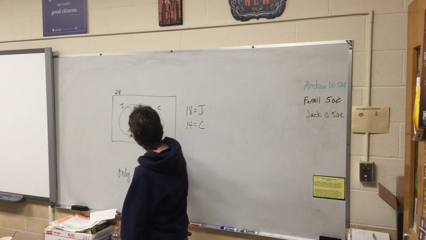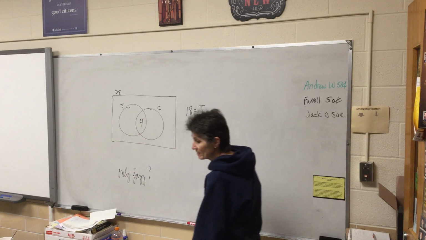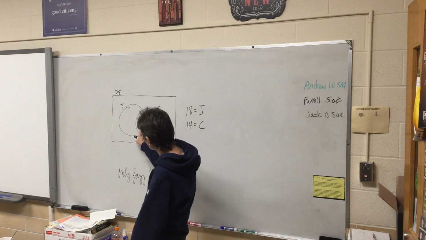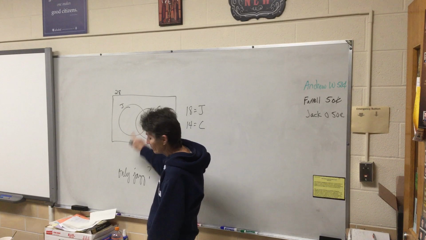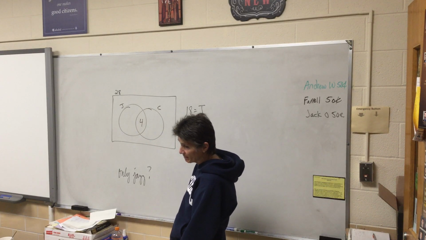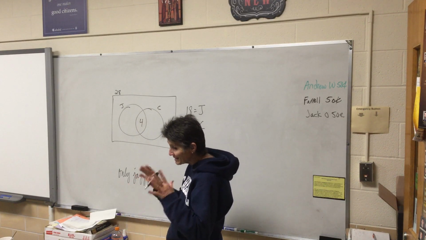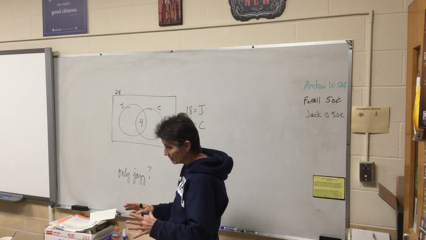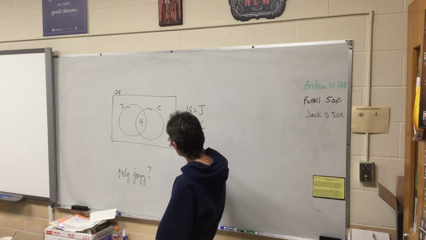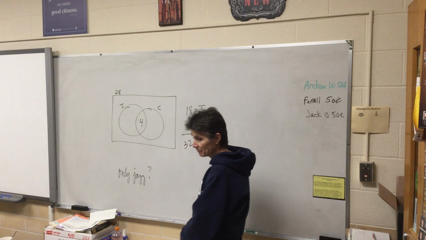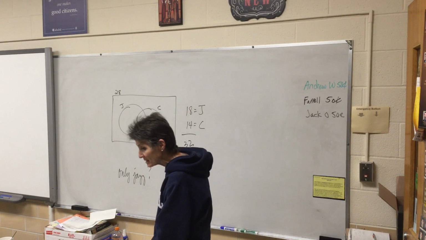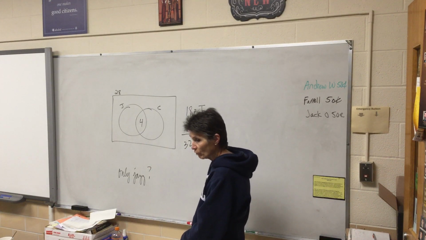Exactly. 4 raised their hands twice. So right there in that overlapping area, there have to be 4 kids. Because there were 28 total, but 32 raised their hands. That means there had to be 4 overlap.